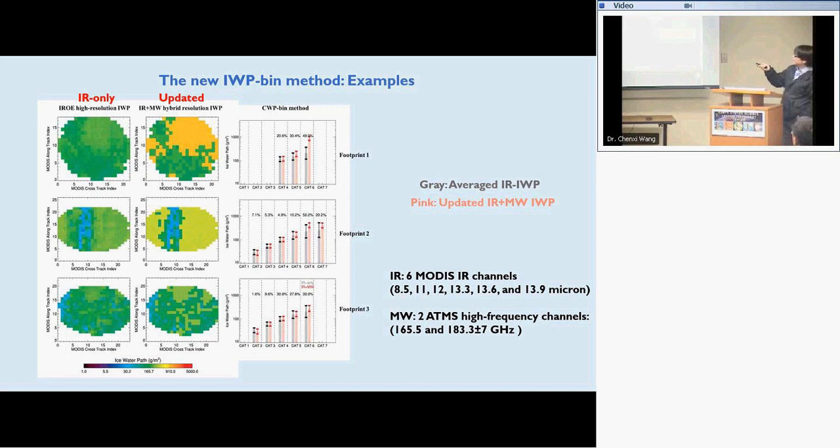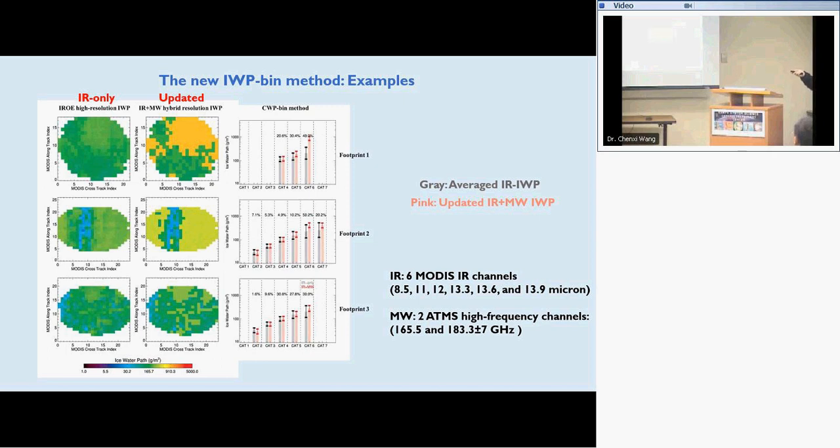So here shows the ice water path distribution for different groups. So if you have category 1, 2 through category 4, something like this, the gray one is the infrared only. The pink one is after the update.